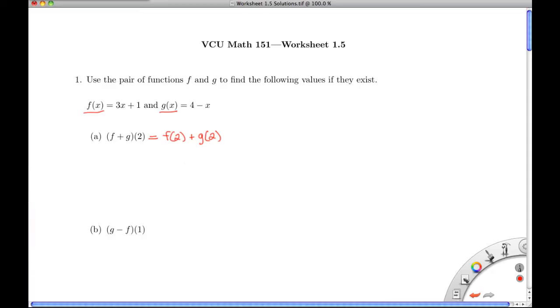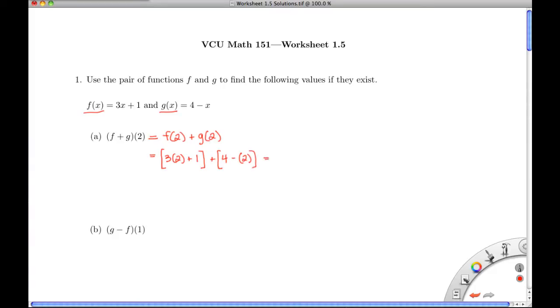So let's go ahead and do that. If we were to take f of 2, and I'm just going to put these in brackets to keep them separate for now, f of 2 would have us take f, and in place of x we would put 2. And then for g, we would take our function g, and in place of x we would put our input 2. Now we can just calculate this value.